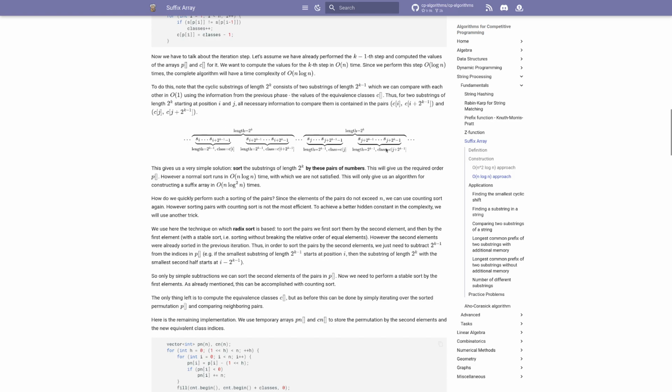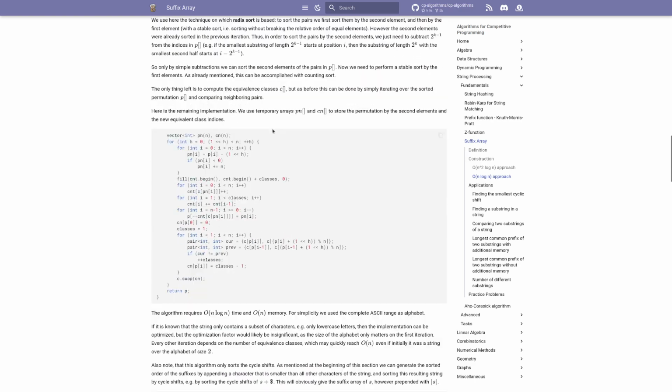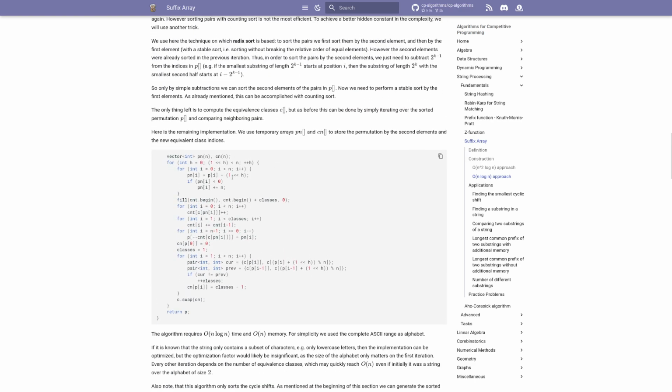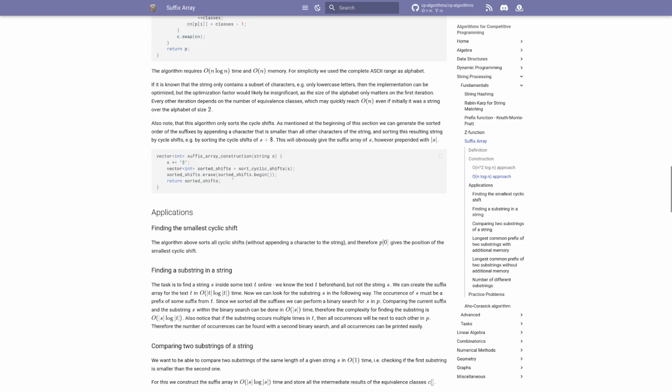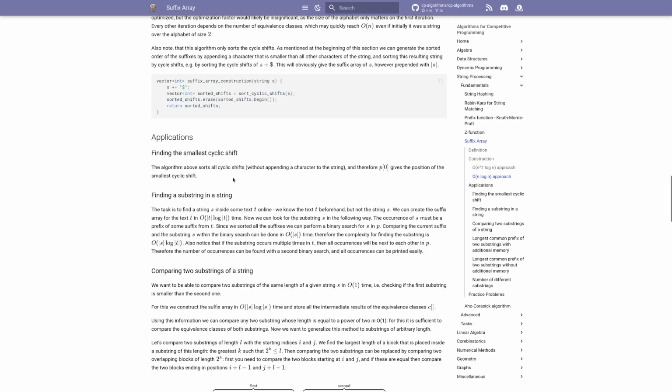This is a pair and this is a pair, and we sorted by this in the previous iteration, but this is also sorted, so what? Finding a substring.